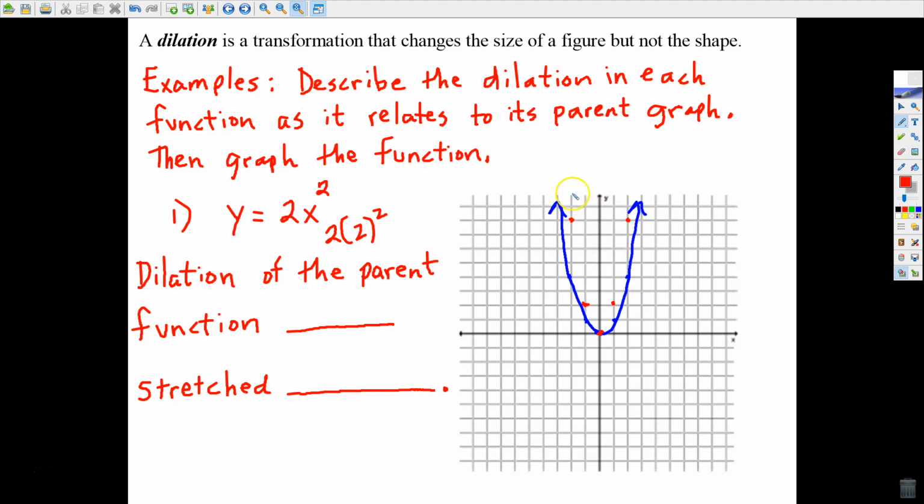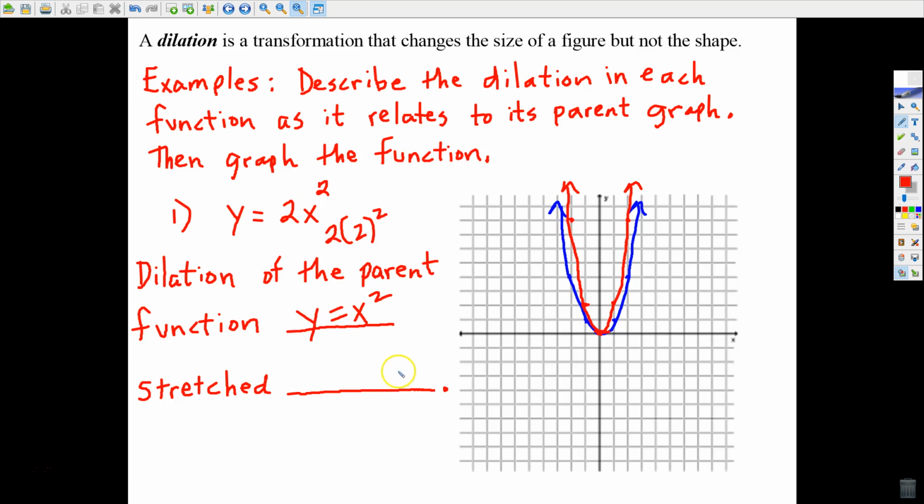There's not a huge difference, but there's enough to where you can see that the red is a little bit skinnier. So here's the bottom line. Whenever I put a number in front of x squared, or it could be the absolute value of x, it's the same thing, and that number is greater than 1, first of all, this is the parent function, y equals x squared.